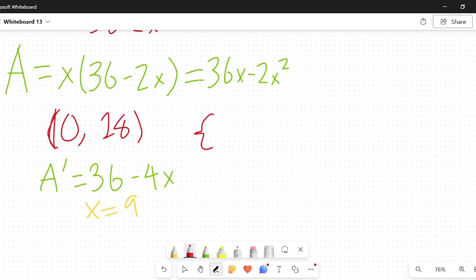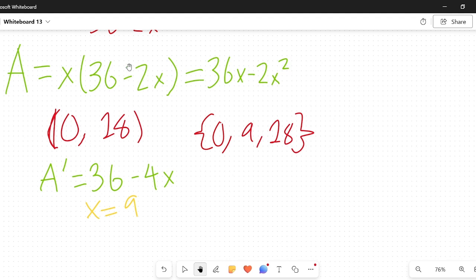So 0, 9, 18. Of course, you can use the first derivative test or the second derivative test, anything you want. But in this case, we're going to go old-fashioned and just plug into our area function. If we plug in 0, it's just 0.